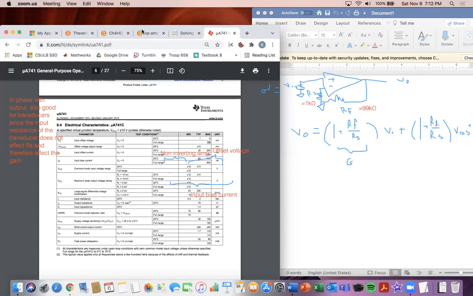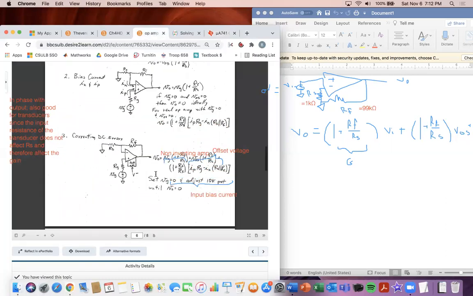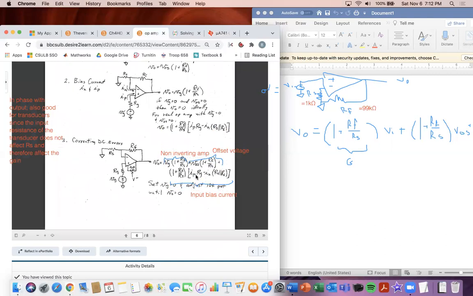And you can see right here, it's just the V of P minus V of N all over the gain. So what you do here is you look at the terminals and you say, okay, this is VP here, and here's VN.